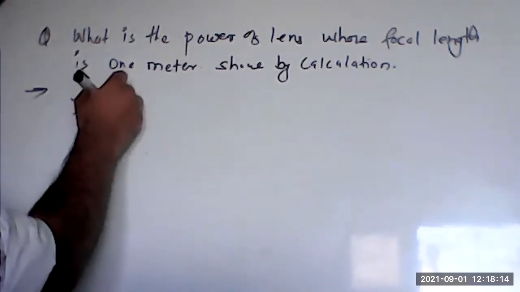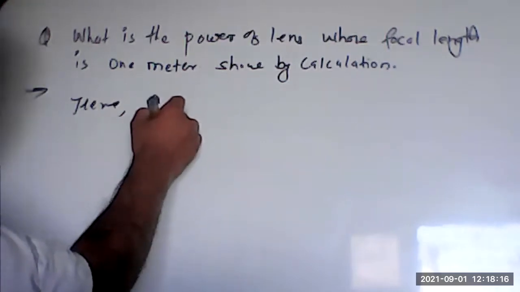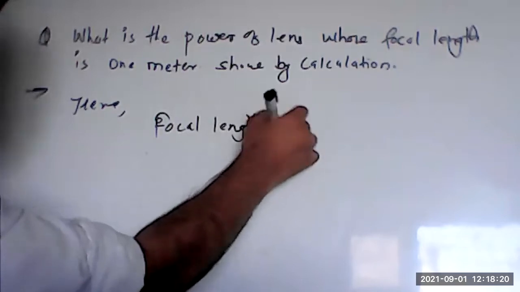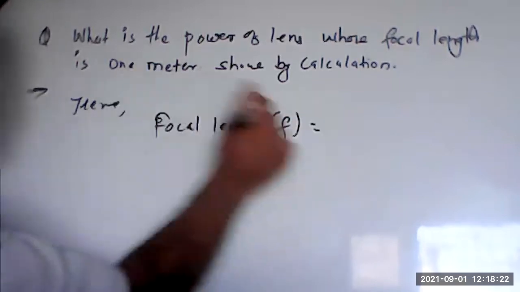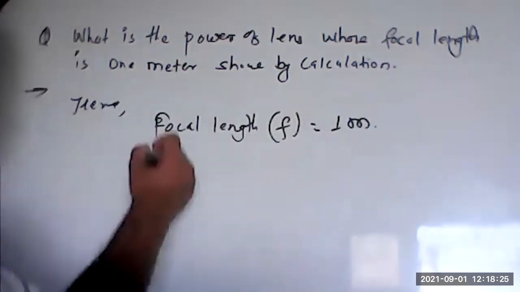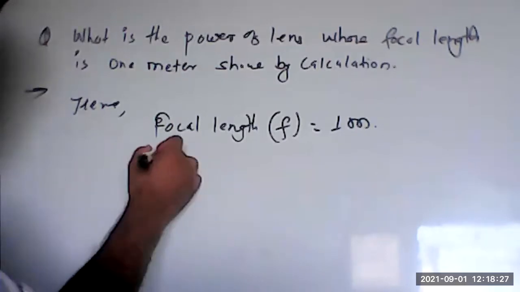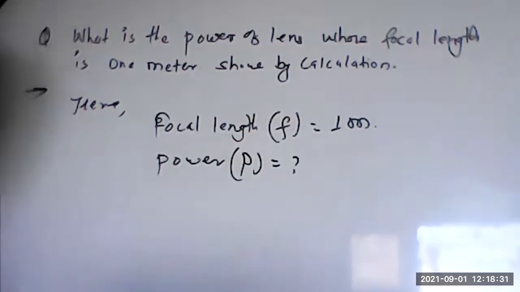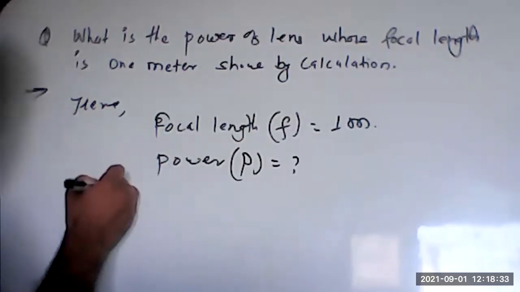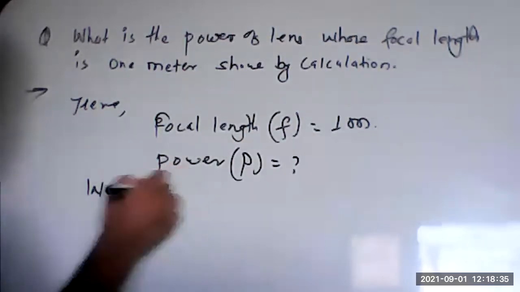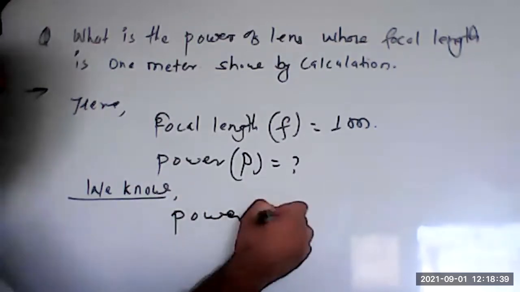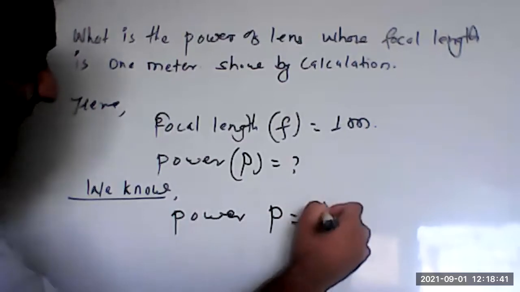Here, what is given? Focal length f is equals to, what is given? 1 meter. And power P is equals to what? We know that power P is equals to 1 by f.